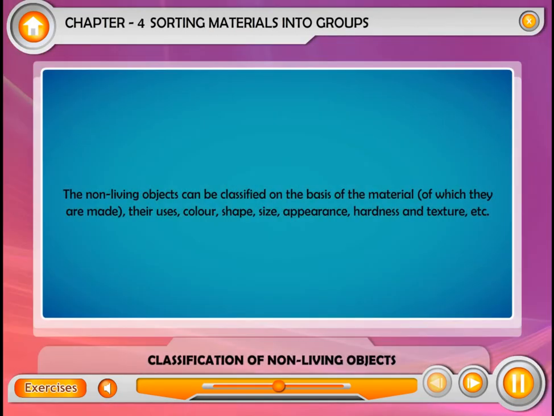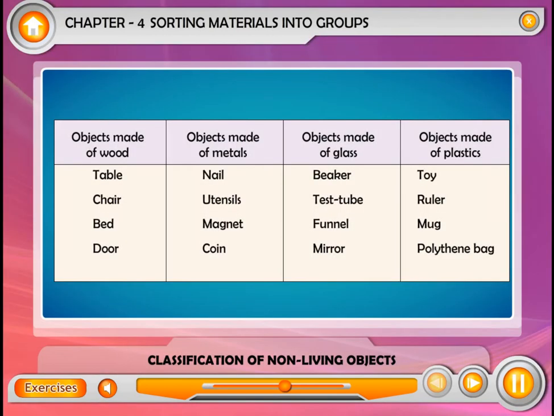C. Classification of non-living objects. The non-living objects can be classified on the basis of the material of which they are made, their uses, color, shape, size, appearance, hardness, and texture, etc. For example, objects made of wood: table, chair, bed, door.